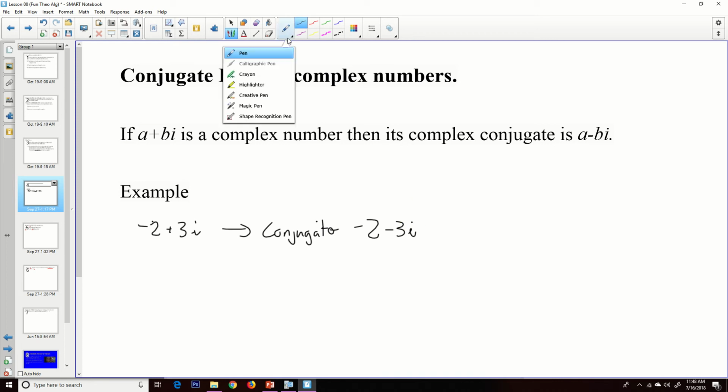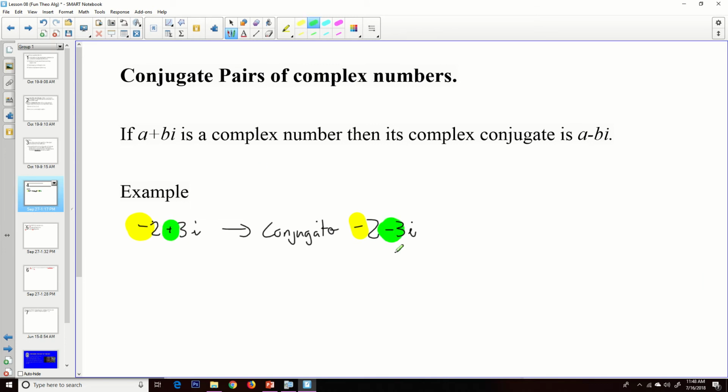Notice that the -2 value doesn't change. The only thing that changes is the sign between the real part and the imaginary part.